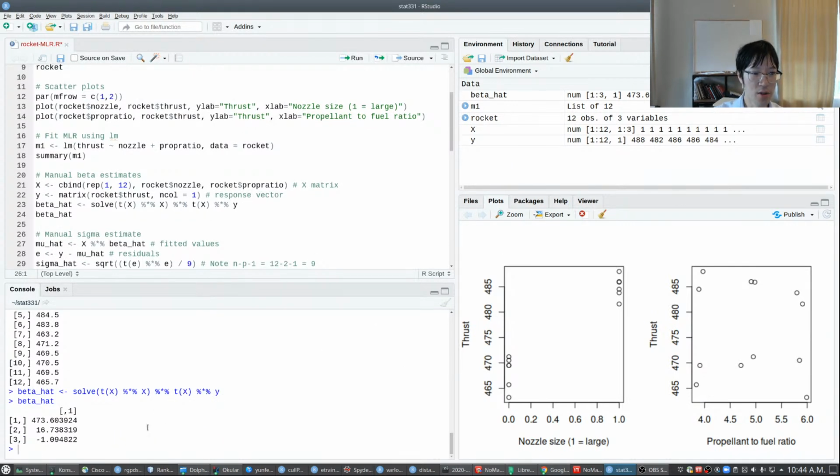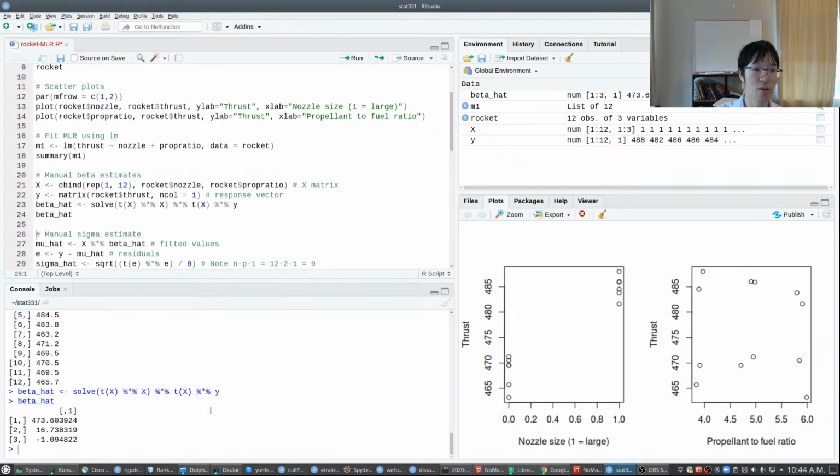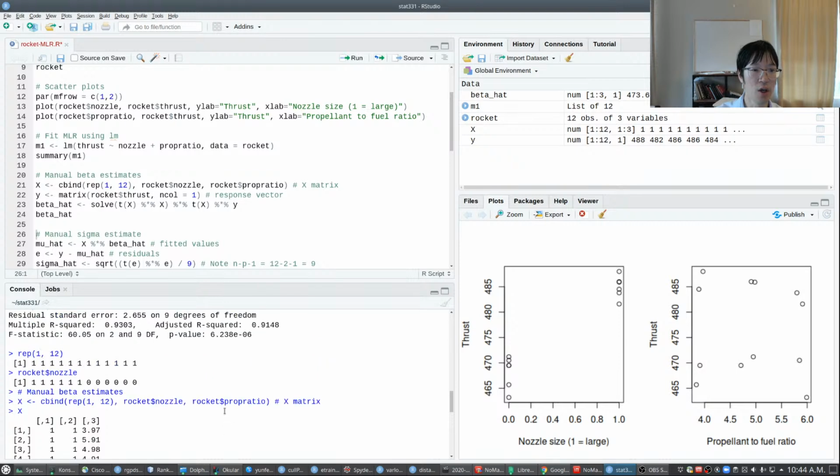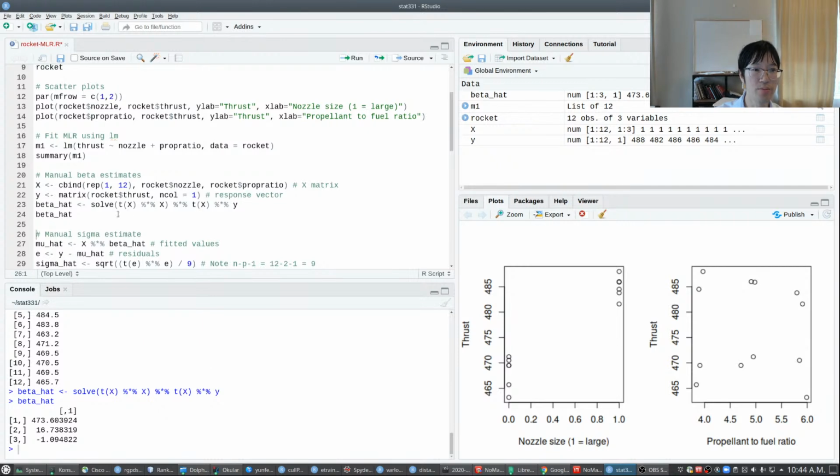That's down here: 473, 16.7, minus 1.09, which we see matches the estimates in the lm output. So that's beta hat. That's how we could manually code up those matrix operations to calculate our parameter estimates.